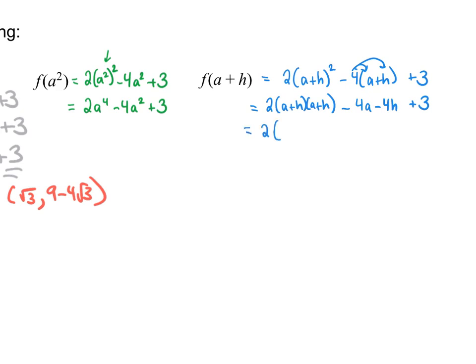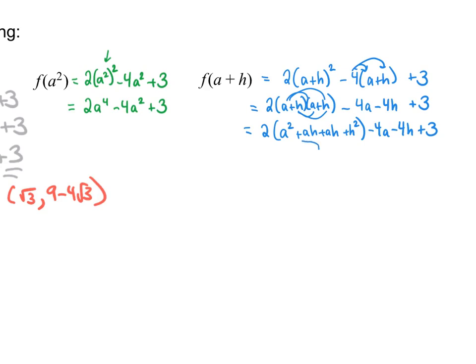So in this one I will FOIL, so I'll get a squared plus ah, so that's first, outer. I get another ah there, and then last I get h squared, minus 4a minus 4h plus 3.